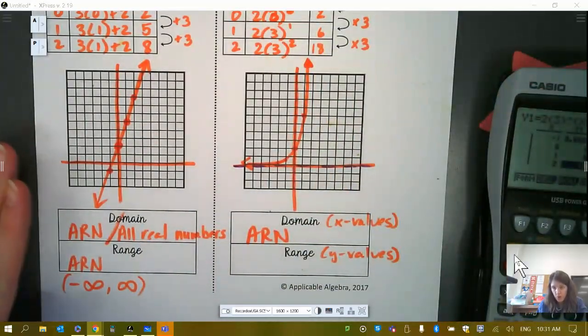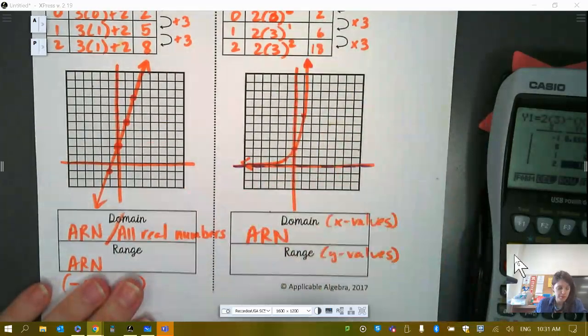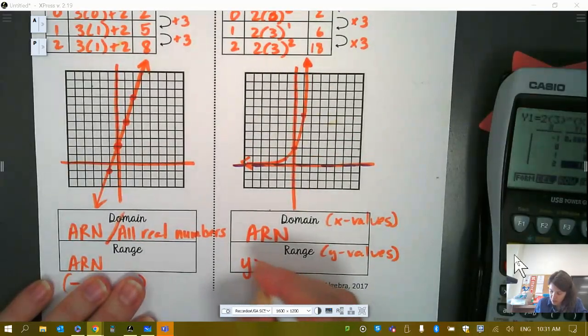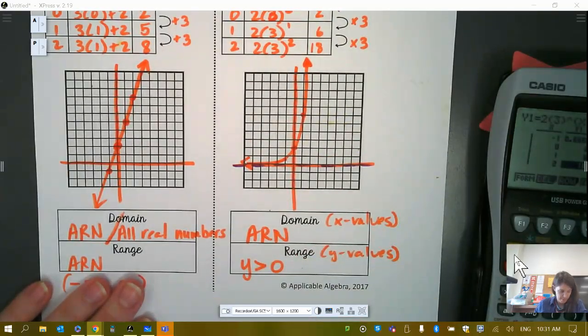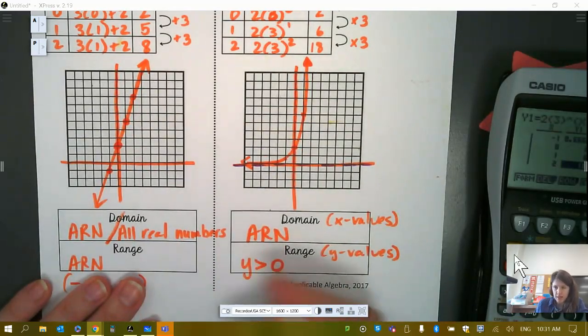It's also the bottom of your equation. So all of my numbers have to be greater than 0. So my range is where y is greater than 0. You could also write all positive real numbers. That would work too.